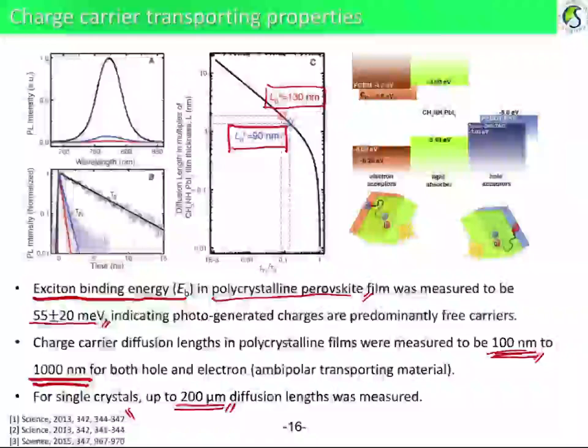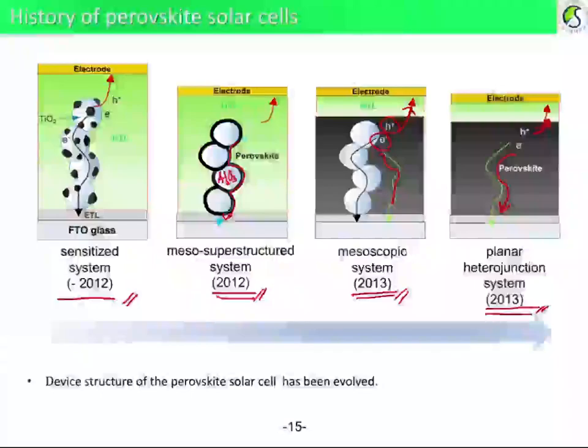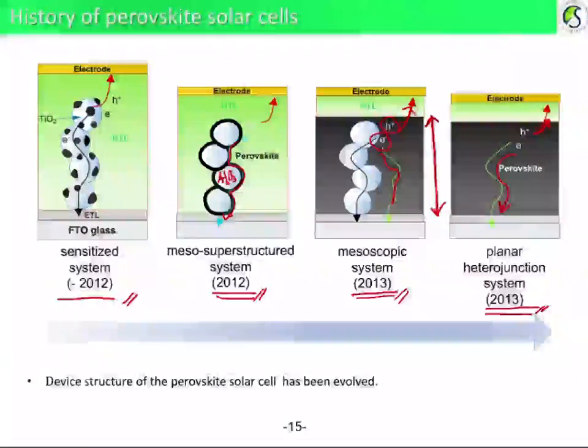So, which means that because the typical film thickness for the perovskite material for device fabrication is 500 nanometers to 1 micron, the diffusion length for both electron and hole should be enough to reach each electrode.